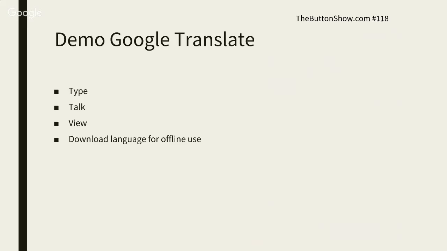And since it's Google Translate, I'm going to show you how you can translate by typing words or by speaking them or by viewing them. That's cool. And then how you download a language.